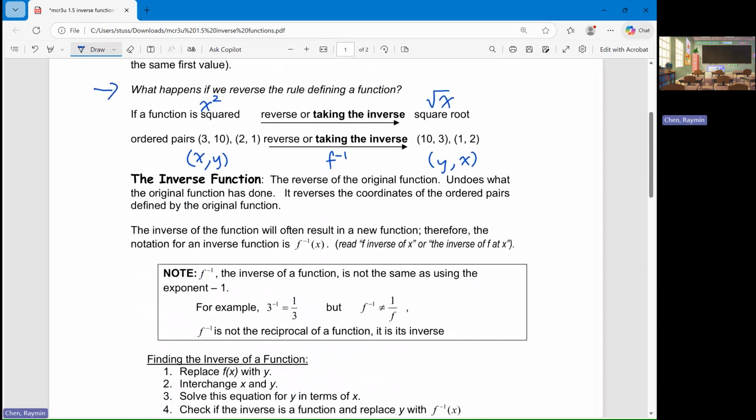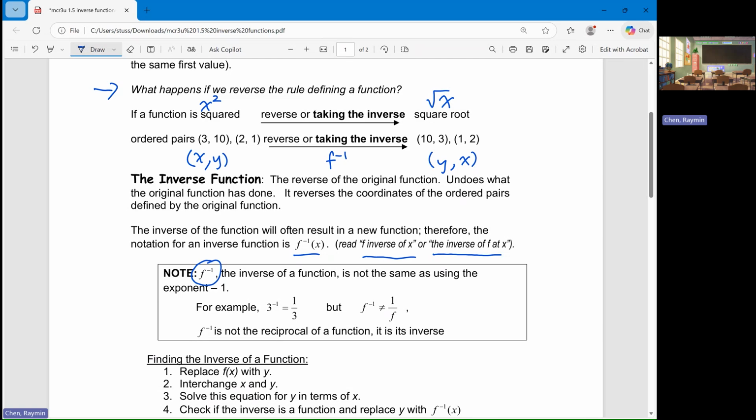The inverse function is the reverse of the original function. It undoes what the original function has done. It reverses the coordinates of the ordered pairs defined by the original function. Please make note, though, the notation for the function is f to the -1 of x. The way that we read this is f inverse of x, or the inverse of f at x. Even though it looks like f to the -1, the inverse of a function is not the same as using the exponent -1.